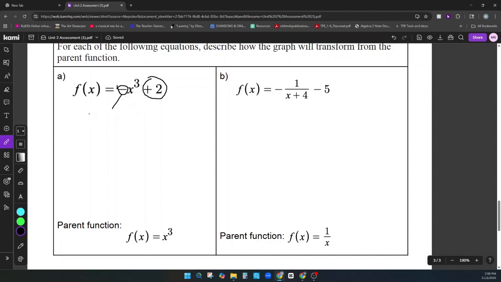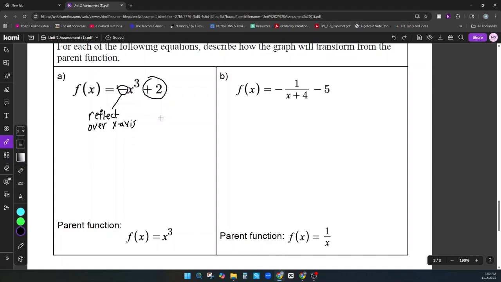So now that I've identified the changes, I need to describe what those changes are. This negative will reflect our graph over the x-axis. It will make it go from going in a positive direction to now going in a negative direction. The technical way we say that is reflection over the x-axis. Our 2 is a k value. Now, the reason I know it's a k value is because it's outside of what's happening to x.